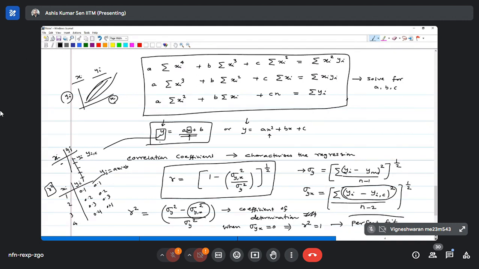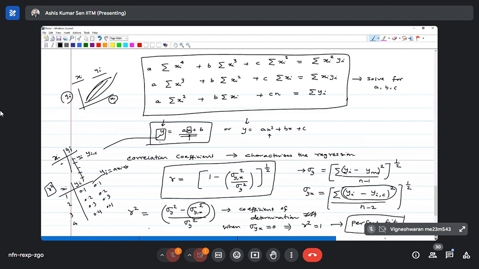So when you do curve fitting in Excel, you are always looking for a fit which is giving you a higher r square value, and the highest r square value that you can get is 1. Okay, typically if it is more than 0.9 or 0.95, we say that okay, my fit is good. It is actually representing the data.